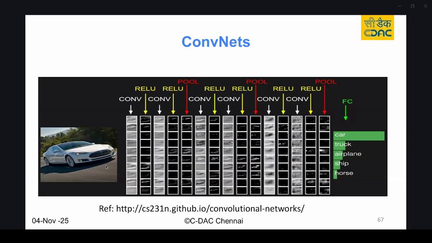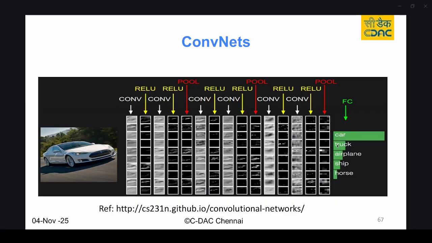So in the testing phase, we will input a car image. After the convolution and max pooling operations, you will get a probability of 95 percent for the car neuron, and another neuron may be 25 percent. Airplane probability will be 5 percent. Ship probability will be 2 percent. Horse race probability will be 0.5 percent, something like that.